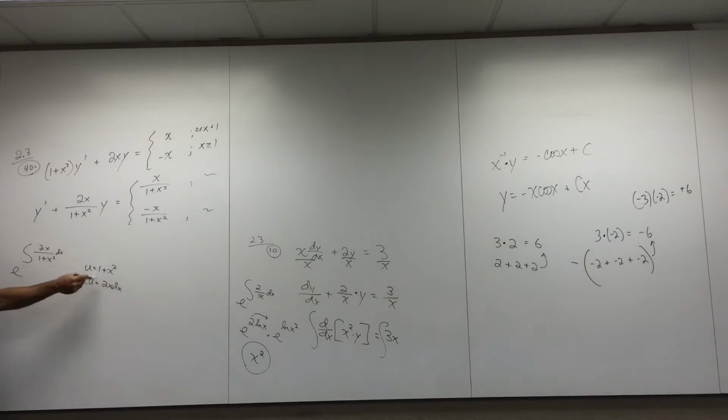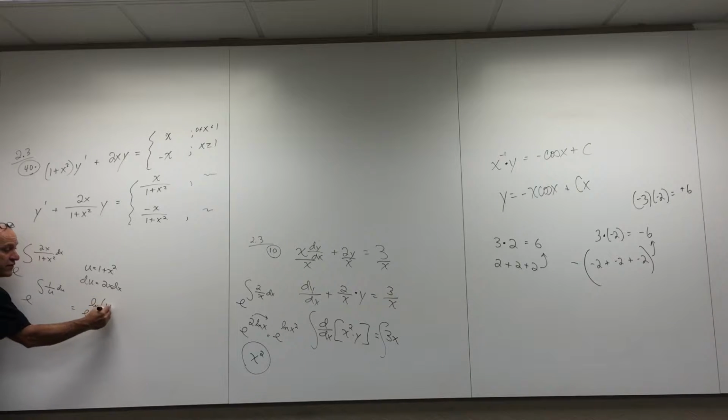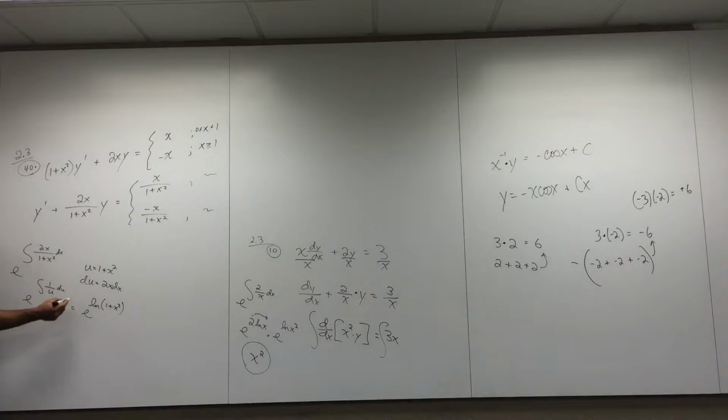Okay, so du is the numerator, u is the denominator. This really just turned into a 1 over u here, didn't it? You with me on that? So it's a nice 1 over u, so it's the log of u. So it's actually e to the log of u. But now that e and the log can cancel, so it looks like this integrating factor is 1 plus x squared. That's the integrating factor.